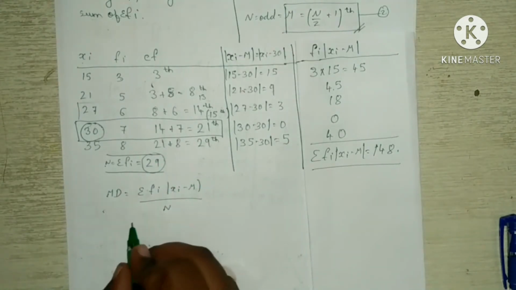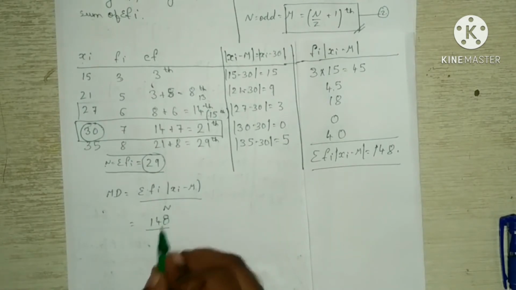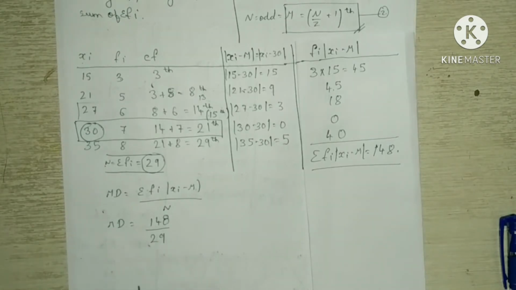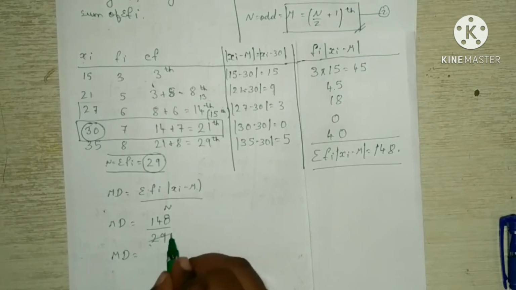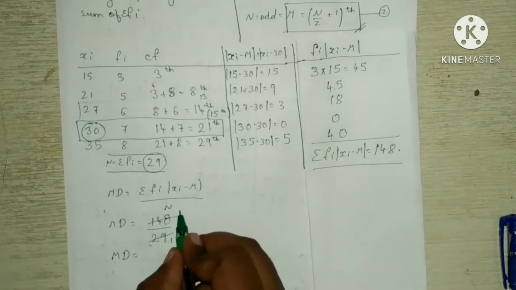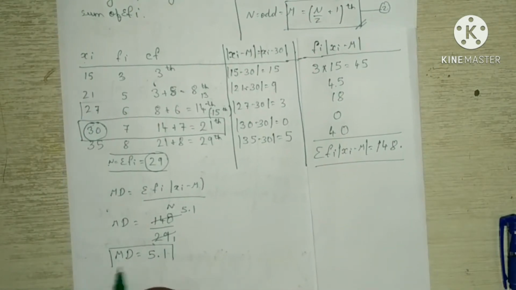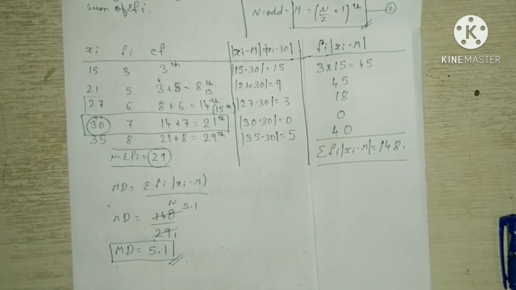So 148 divided by 29. MD is nothing but mean deviation. MD is equal to 5.1. Mean deviation about the mean is nothing but 5.1. Thus, it is simplified.